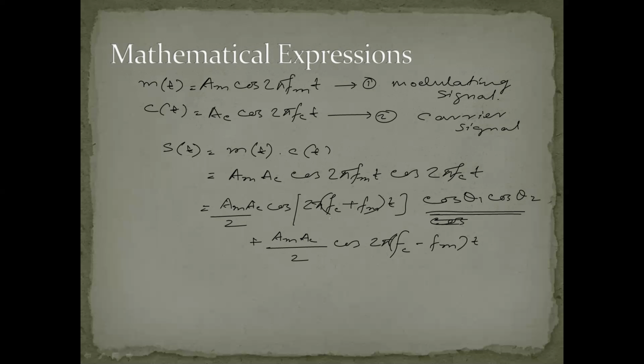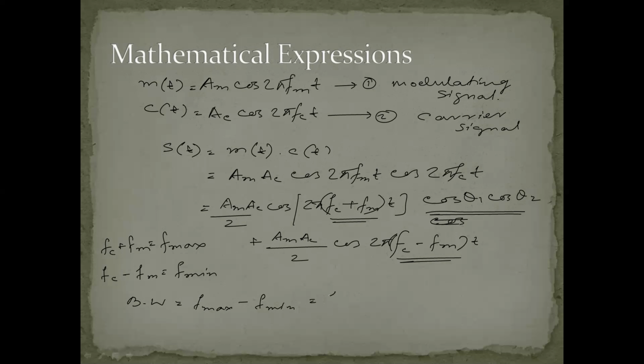In this case, from our previous classes, fc plus fm is the maximum frequency and fc minus fm is the minimum frequency. So what will be the bandwidth used in DSBSC? That is f max minus f min.